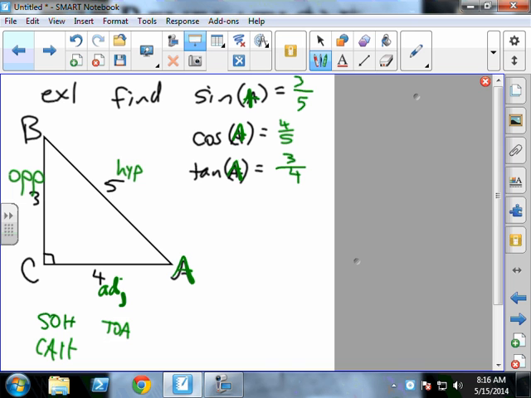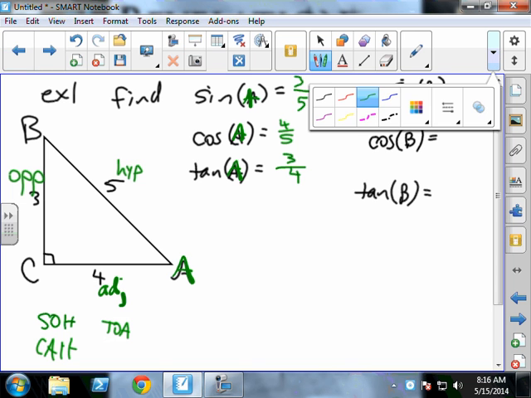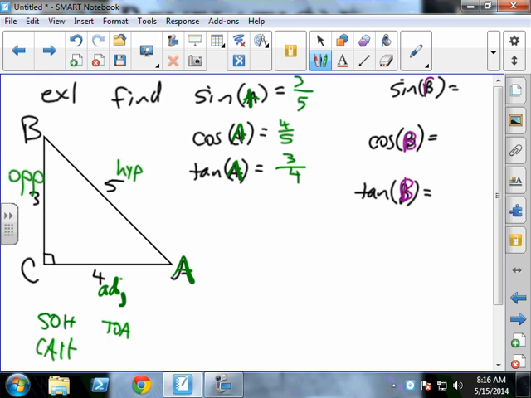Okay. So now let's look at this other one. This time we'll go with respect to B. With respect to B, our sine is the opposite. What side's opposite B? The side whose length is 4. It's the side AC. So this is the OPP. The HYP will be the HYP no matter what the reference angle is.